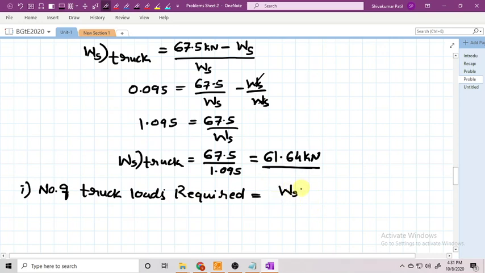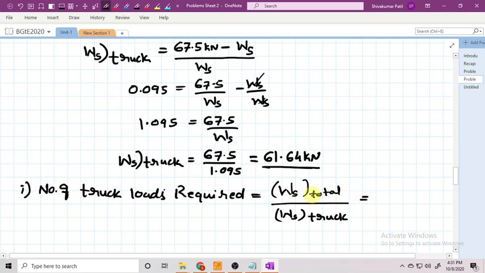Ws total divided by weight of solids in the truck will give you how many loads are required.